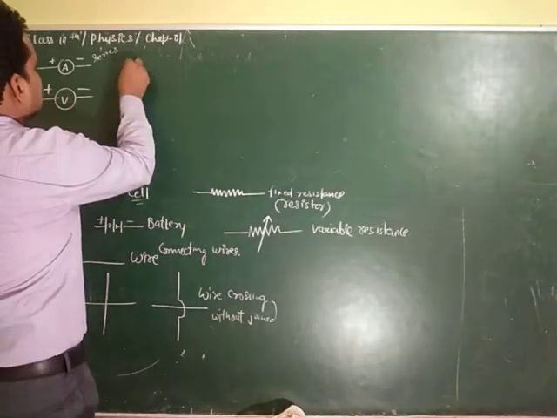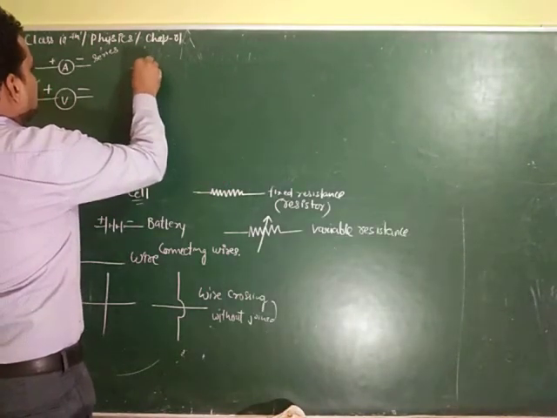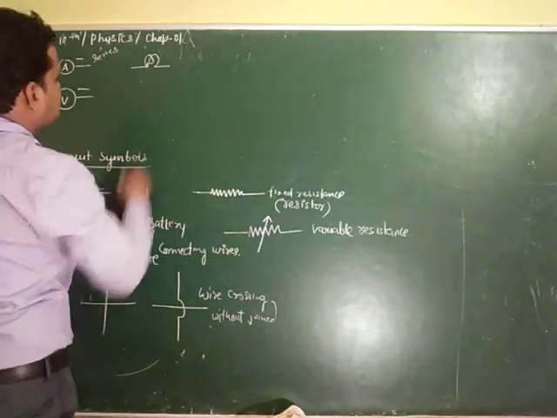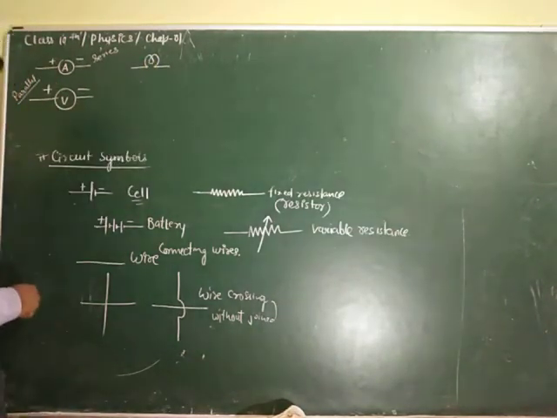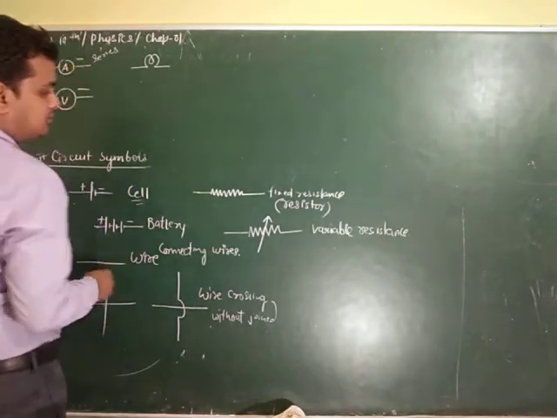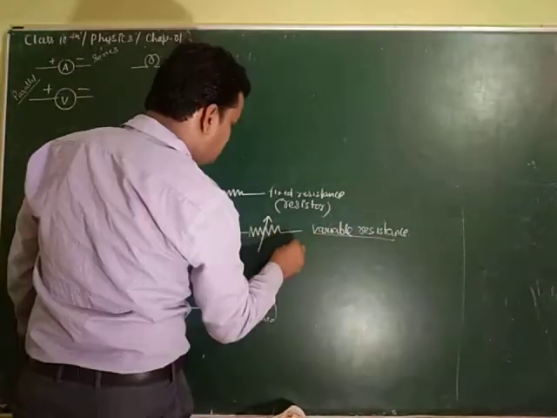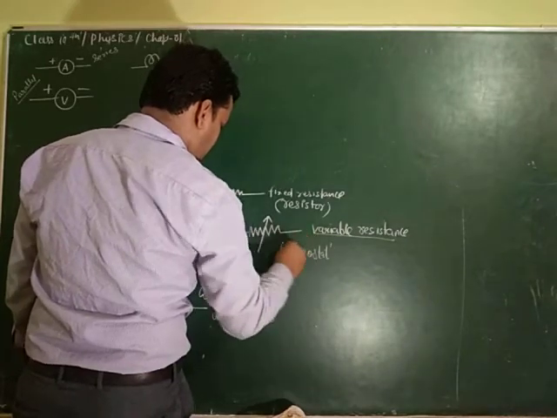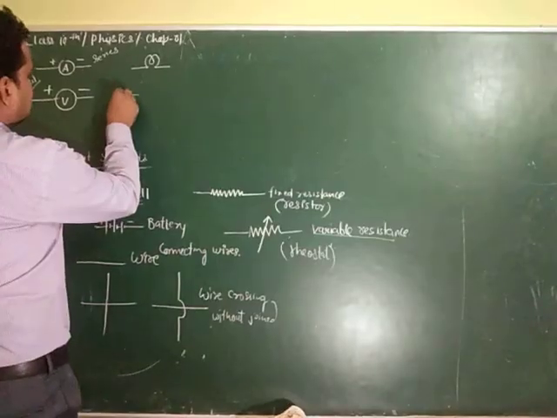There is a bulb. This is the symbol of a bulb. This variable resistance is also known as a rheostat.